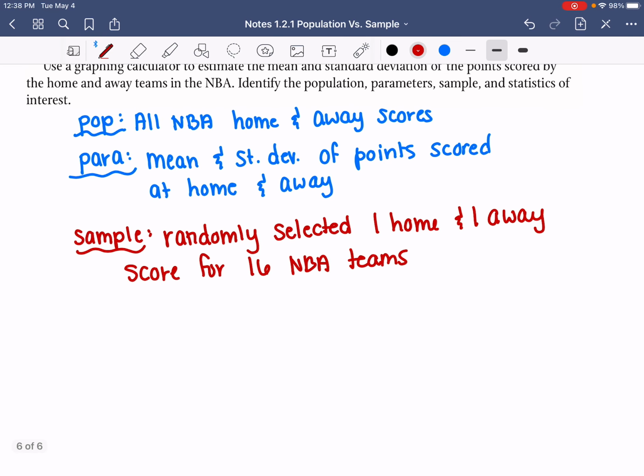All right, so then our statistic of interest is basically the same thing as the parameter, but not as big, not of all home and away games. It's just the mean and standard deviation of sample games.